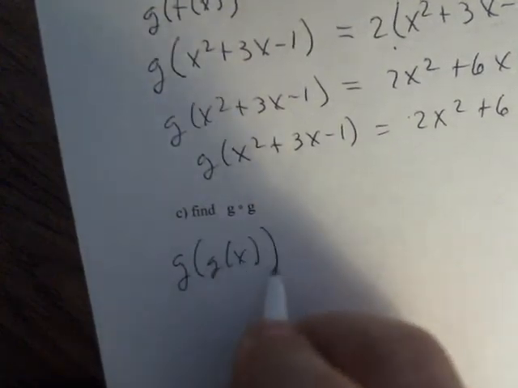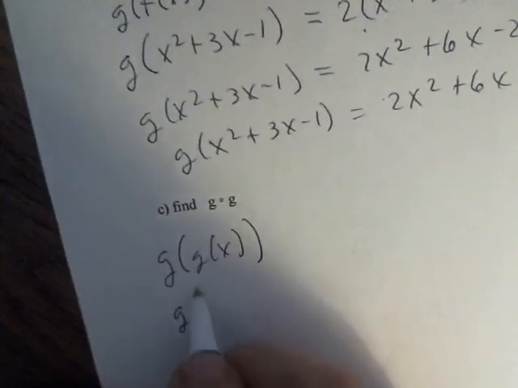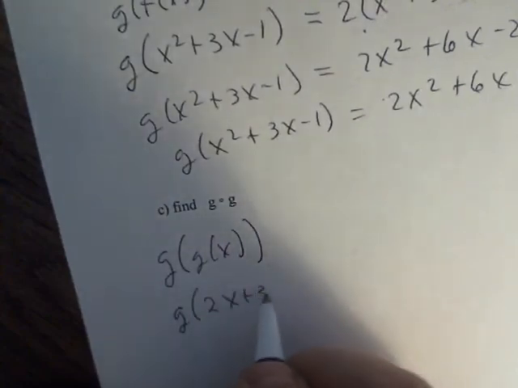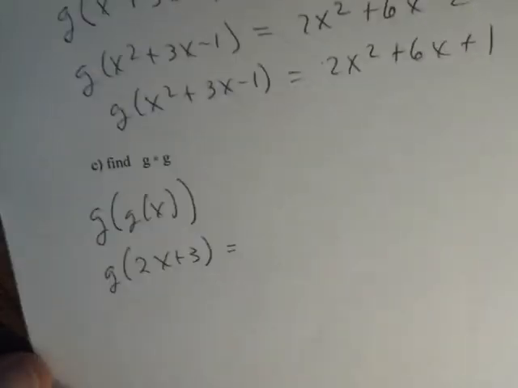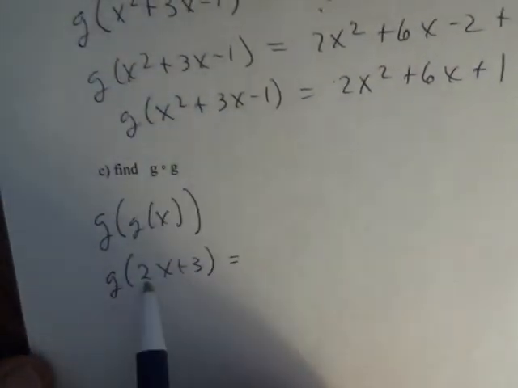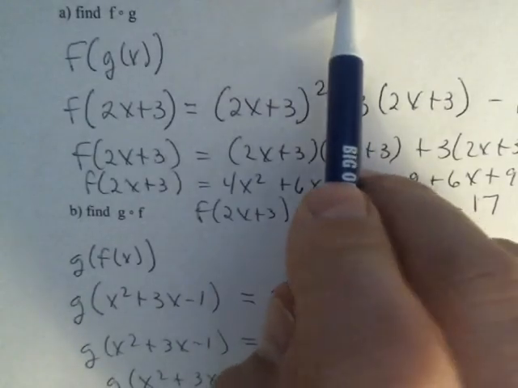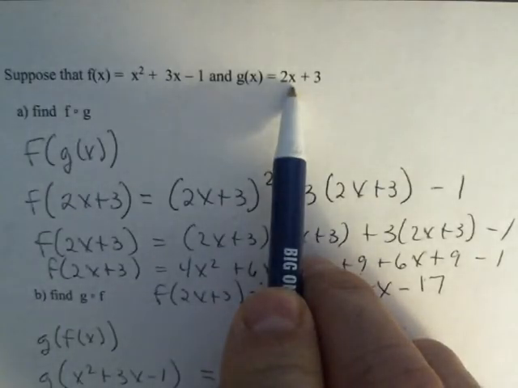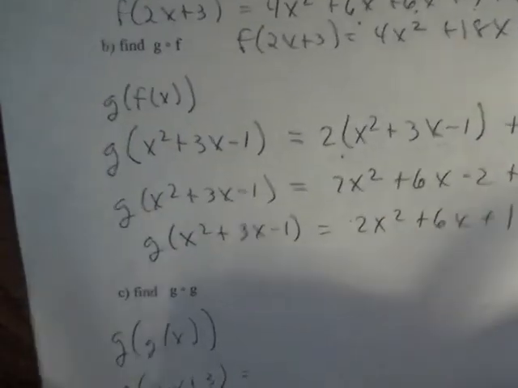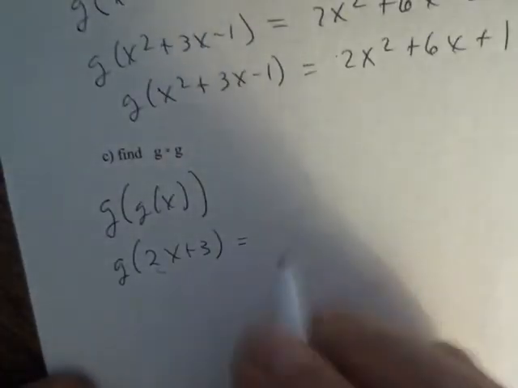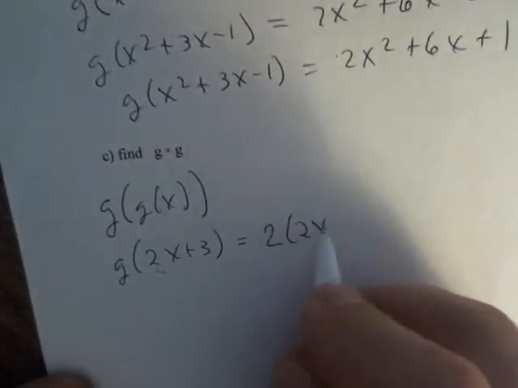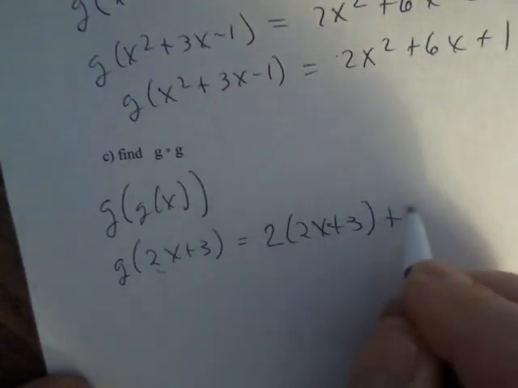So this is g of itself, which means I'm taking g of 2x plus 3. And again, I'm substituting 2x plus 3 in for this x in g. So that's 2 times 2x plus 3 plus 3.